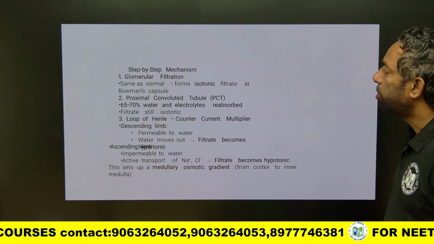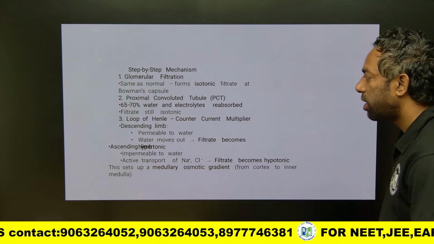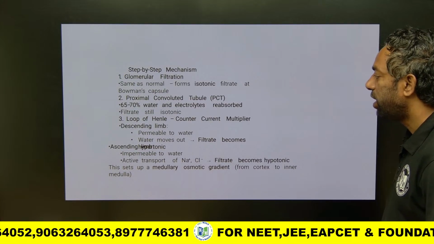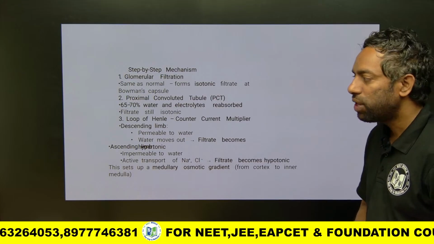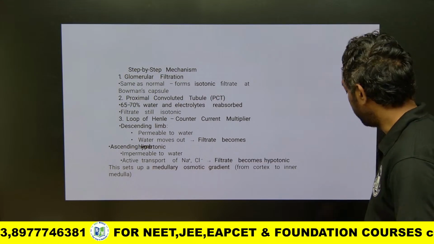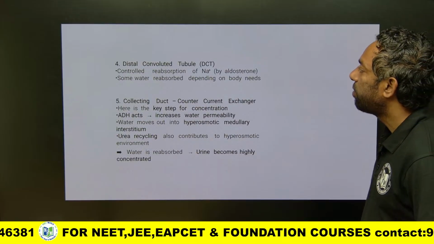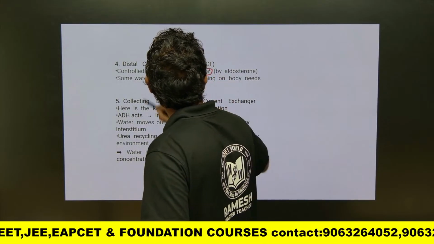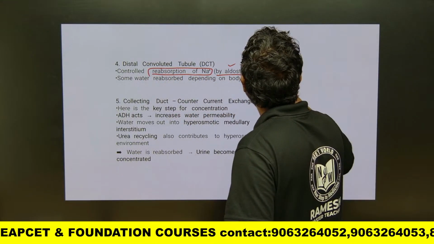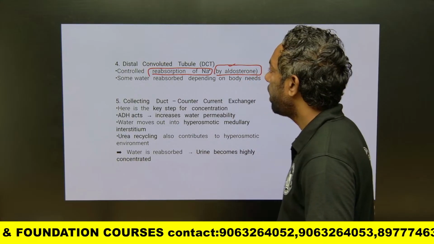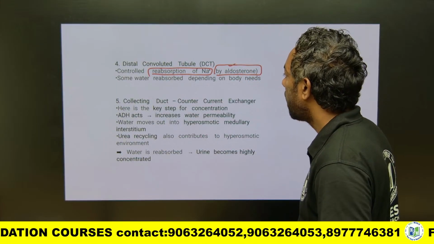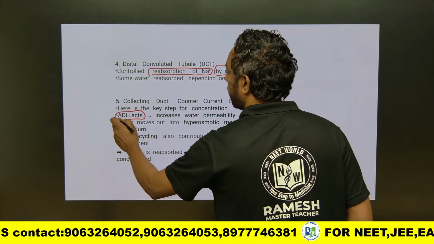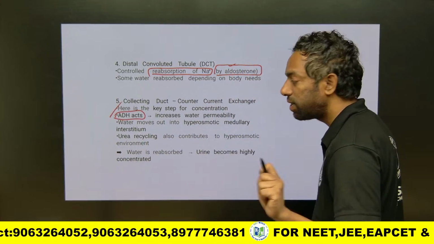Glomerular filtration, and in the proximal convoluted tubule there is obligatory reabsorption. Ascending limb of Henle is impermeable to water, permeable to solutes. Distal convoluted tubule has controlled reabsorption of sodium by aldosterone. Collecting duct, countercurrent exchange, ADH acts, which is important for concentrated urine.